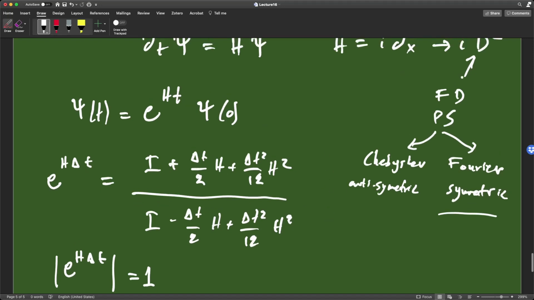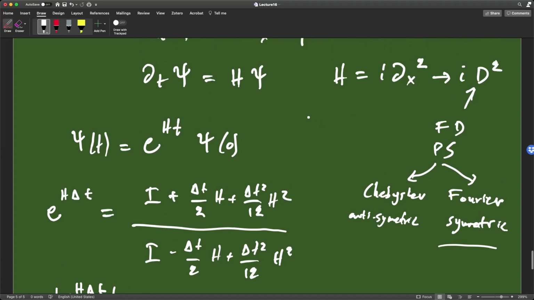If we use finite differences, then these differentiation matrices are also symmetric. So in this case, this is also symmetric, so that's also okay. That preserves unitarity.